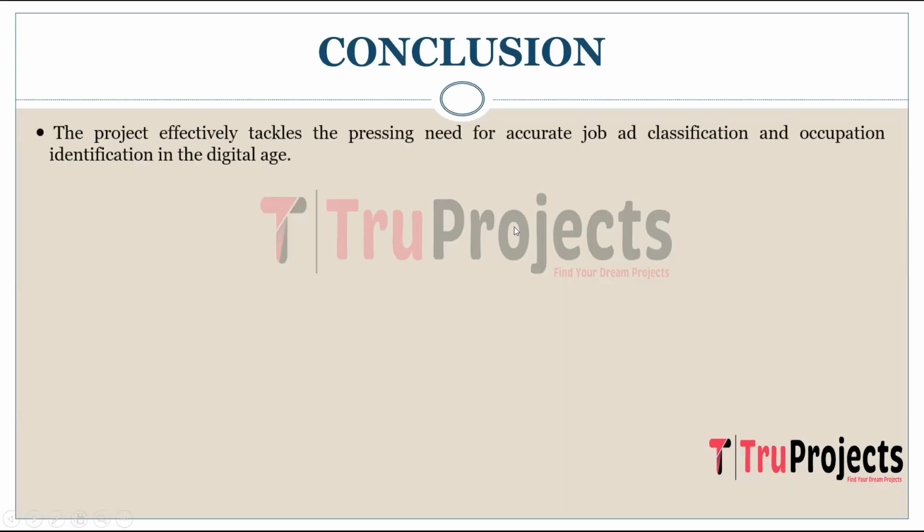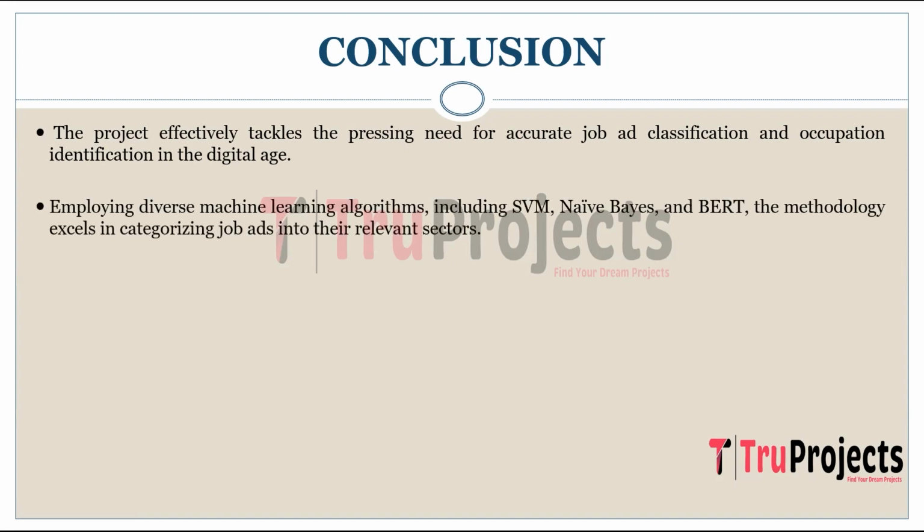The project successfully addresses the critical need for efficient job ad classification and occupation identification in the era of digitization and online job portals. By utilizing a combination of machine learning algorithms including traditional SVM, naive Bayes and advanced techniques like BERT, the methodology achieves high accuracy in categorizing job ads into their respective sectors.